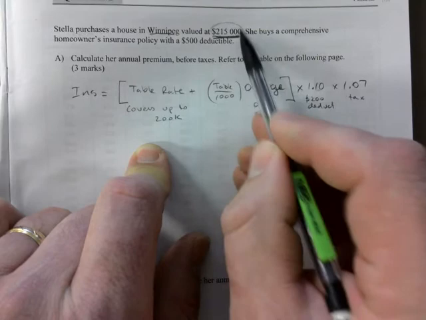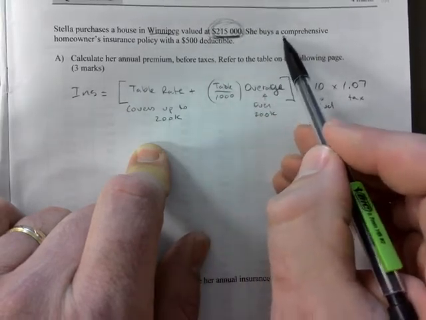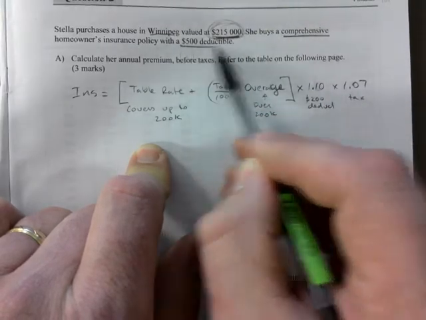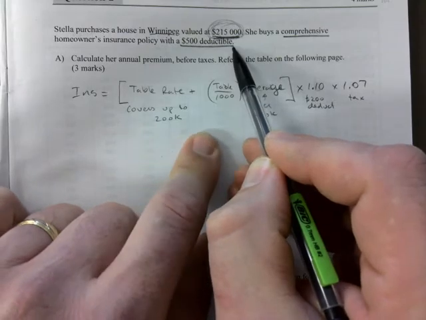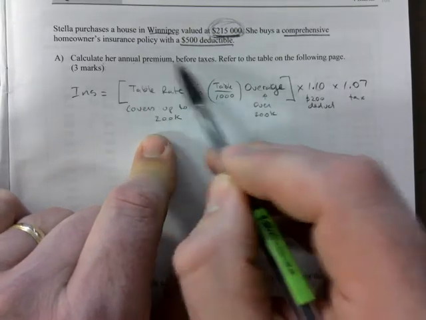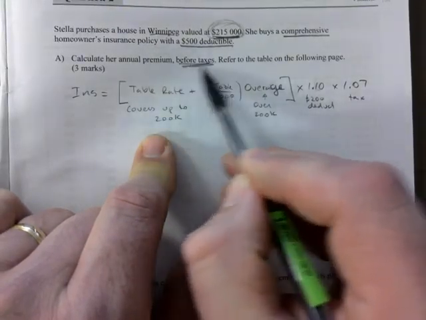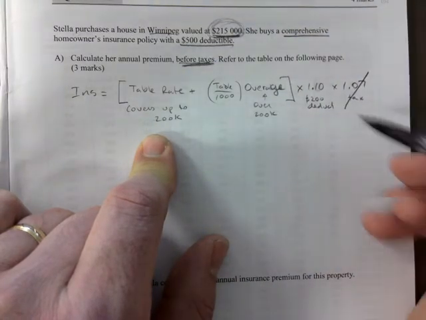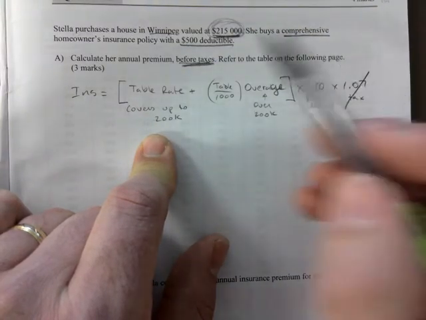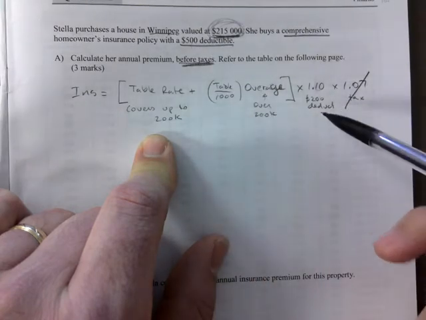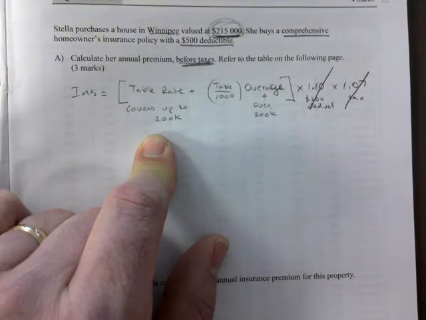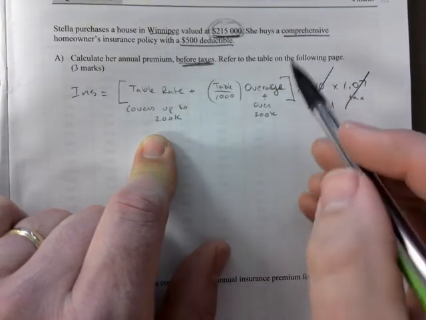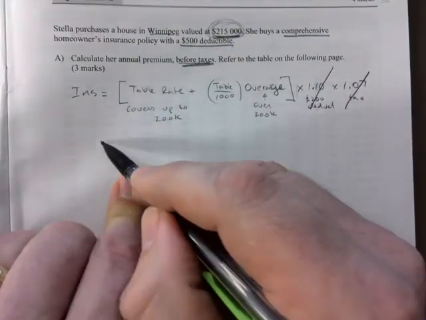We're going over, you can tell already. It's comprehensive, $500 deductible. And they want the annual premium before taxes. So we don't worry about the taxes. And because we want a $500 deductible, we don't need to perform the times 1.10. So we're really just down to this.